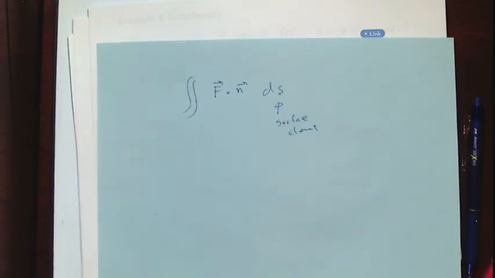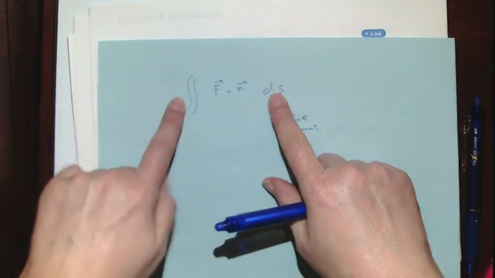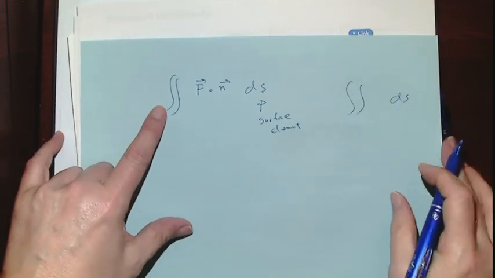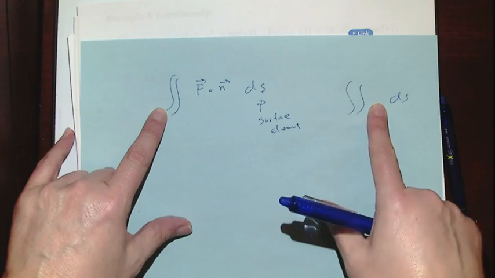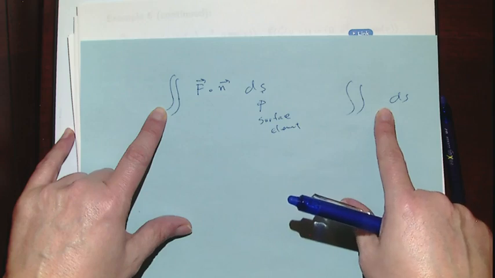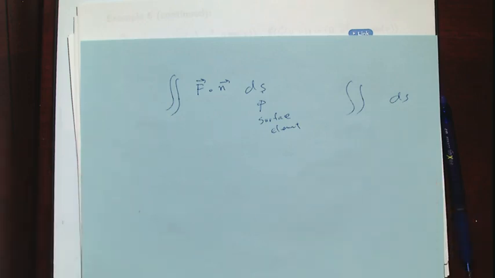Wait. This integral, the double integral and the surface element, if I put in a positive value, what would the output be? Positive. If I put in a negative value, what would the output be? Negative. So the entire surface integral depends on F dot n.